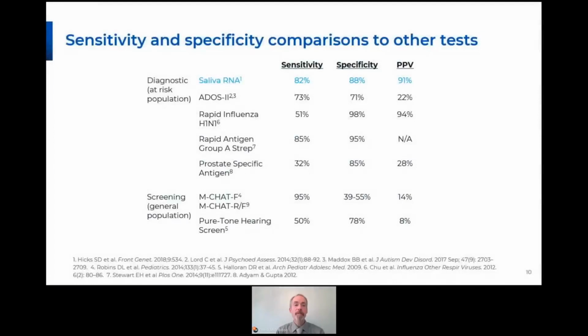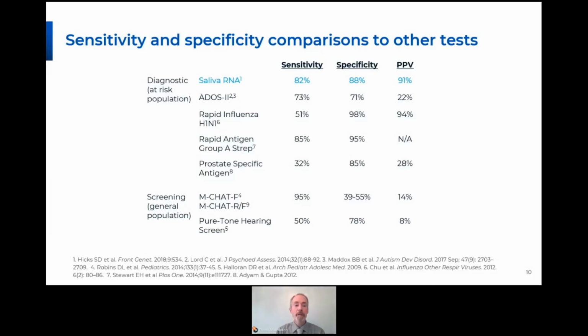Now, how does this performance compare to some other tests that you may be more familiar with? The behavioral analysis of autism has an established gold standard measure called the ADOS, or the Autism Diagnostic Observation Schedule. And you can see that the sensitivity and specificity of the saliva-based test that we developed is actually higher than what's achieved through a purely behavioral analysis.